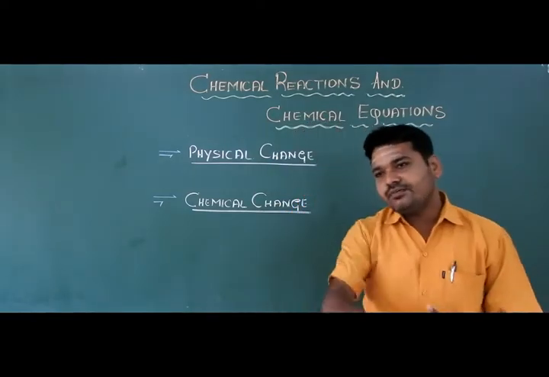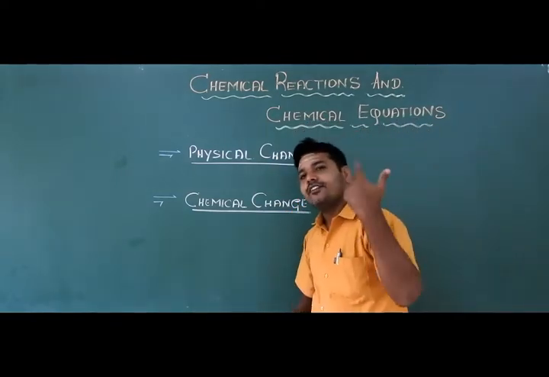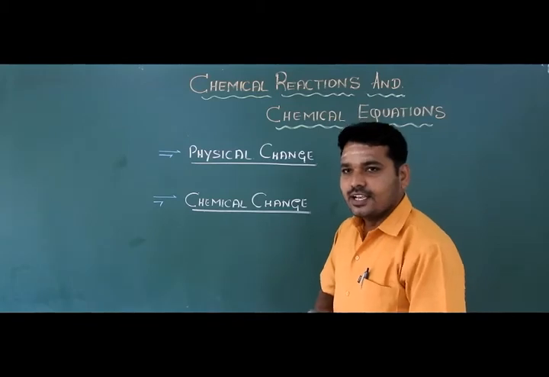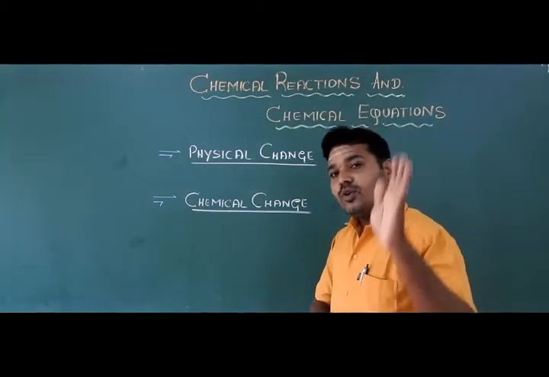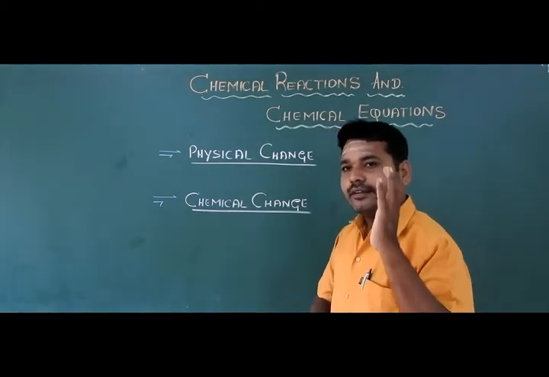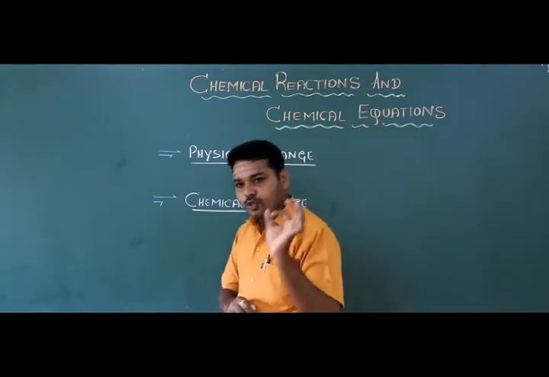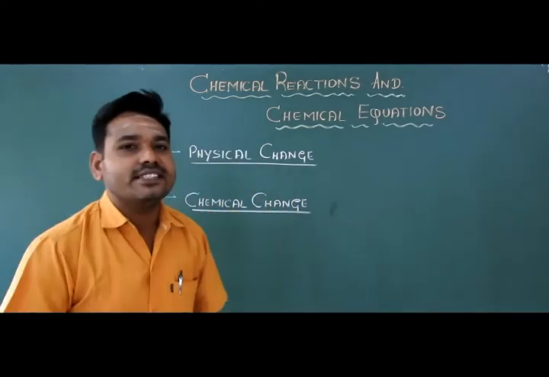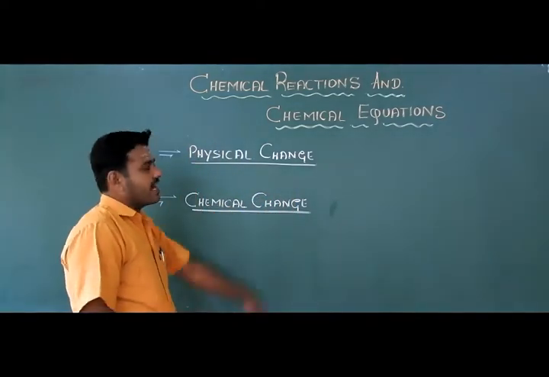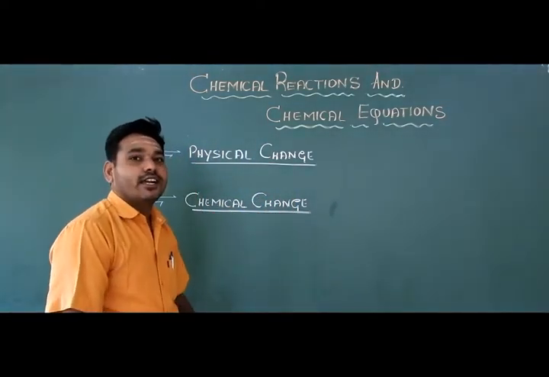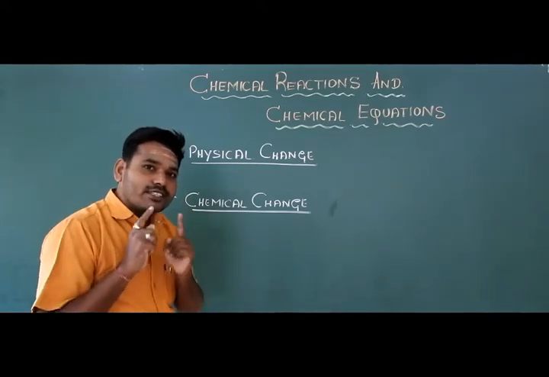And now, with the help of this ionic concept and the chemical formula of the chemical substance, let us discuss one more very important term. A very important term used in chemistry is chemical reactions and chemical equations. Students, please listen to this concept carefully.